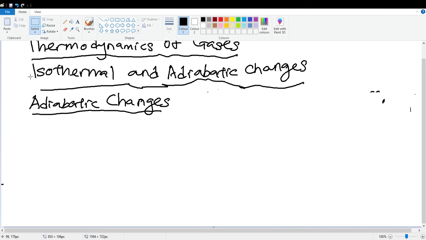Based on the first law of thermodynamics, Q equals the change in internal energy plus W. This is adiabatic expansion.